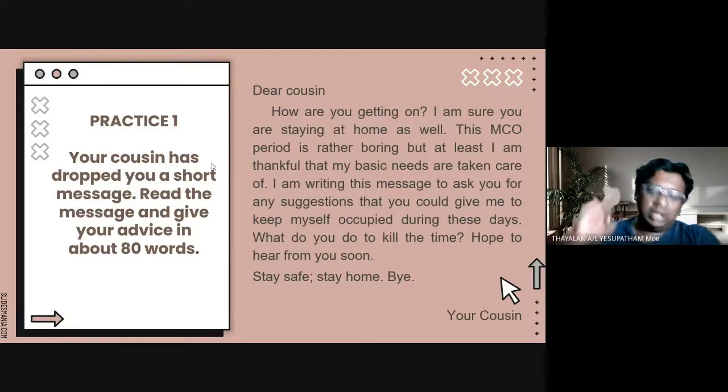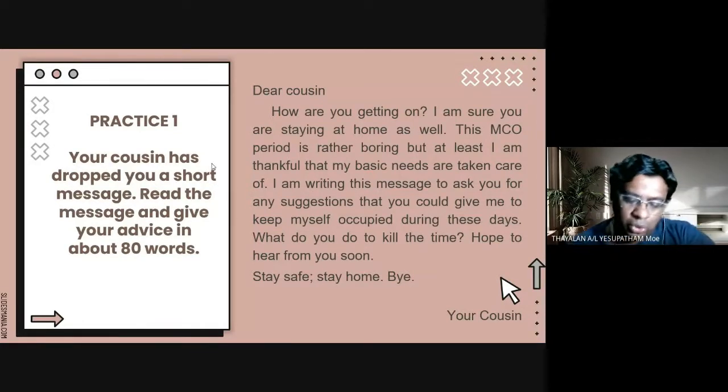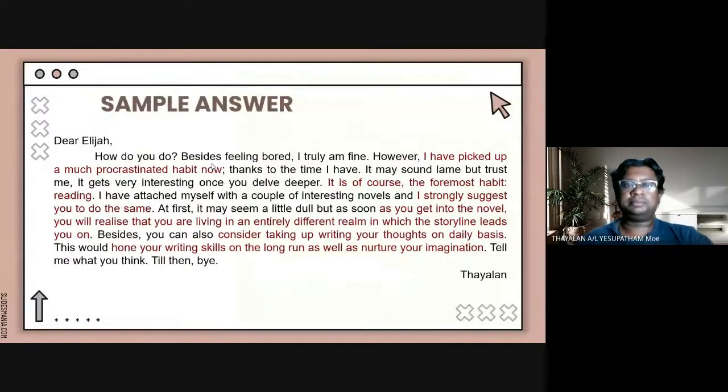And also, number three, what do you do to kill the time? So these are the three things that you need to state. Now you need to be very careful to fulfill all these needs. Okay, now let's look at the sample answer.